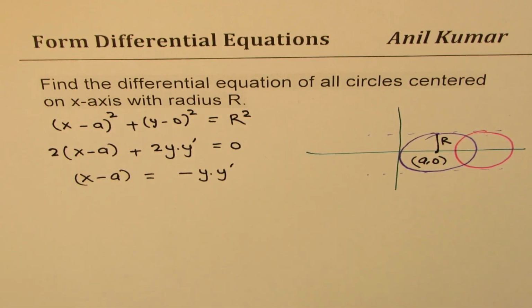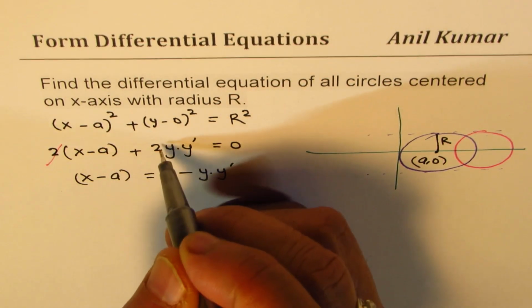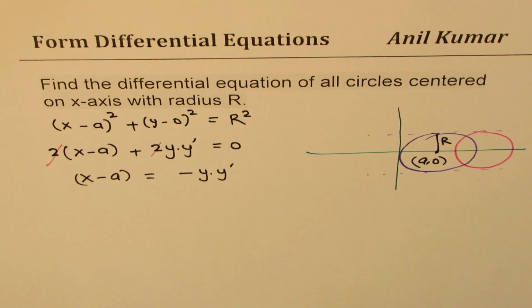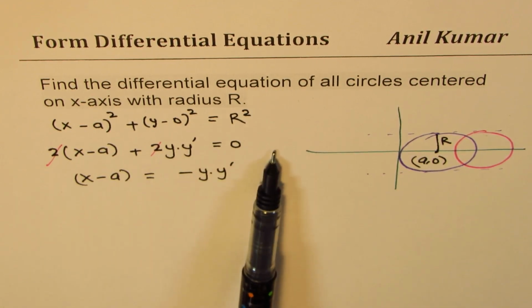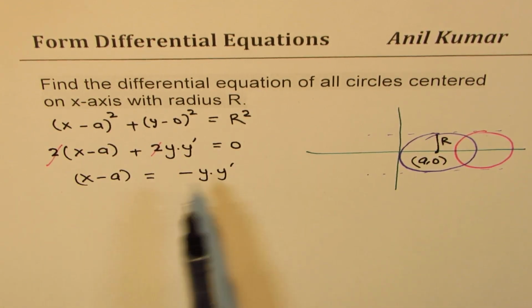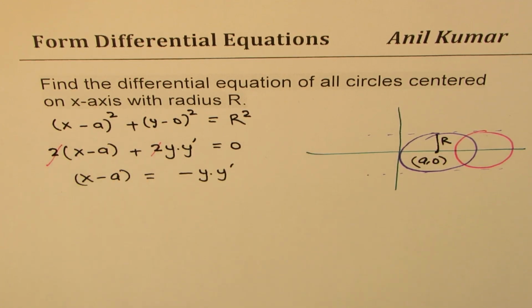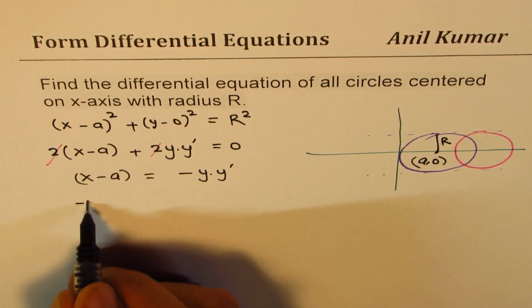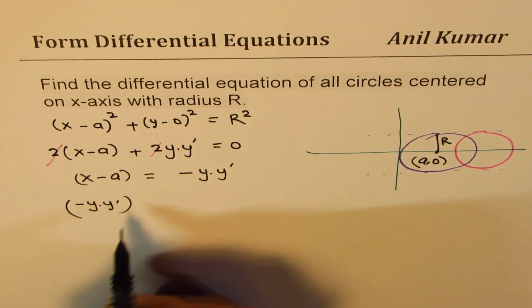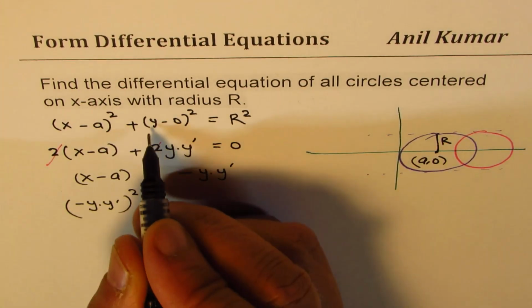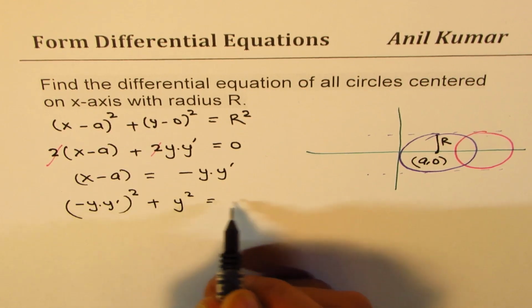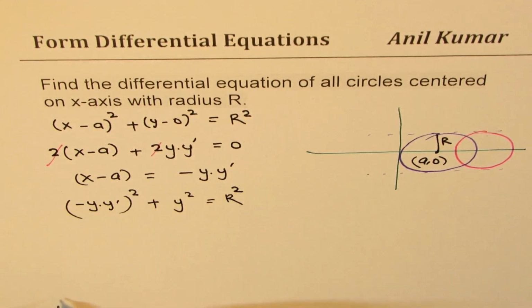So cancel the 2's, or you can say divide by 2. Taking this to the right side, we get minus y prime, that is x minus a. So let's substitute it here in our original equation. So we get (minus y prime) whole squared plus y squared equals r squared.